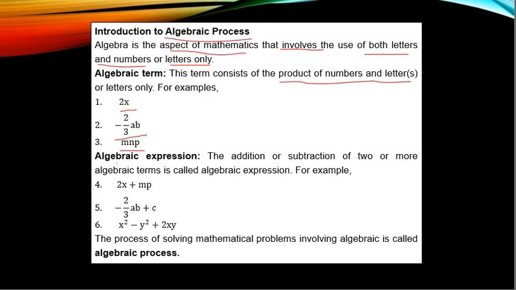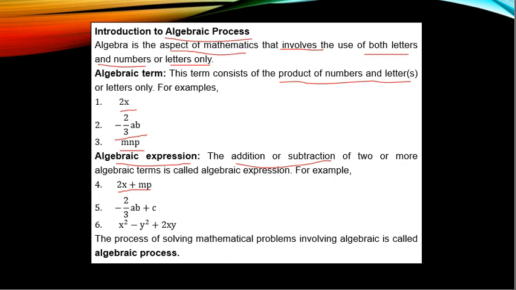Let's look at algebraic expression. The addition or subtraction of two or more algebraic terms is called algebraic expression. For example, 2s plus mp. 2s is one algebraic term, mp is another.